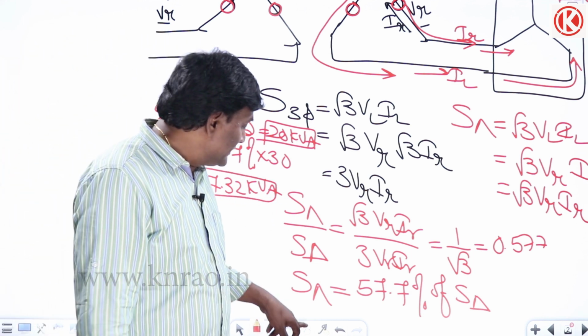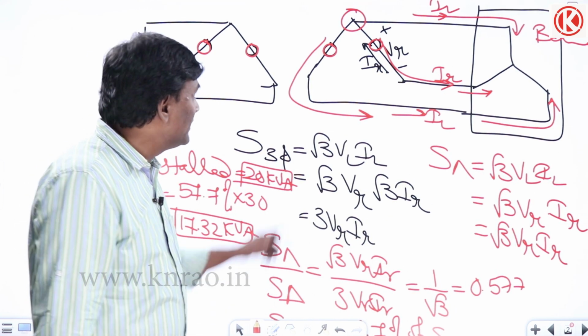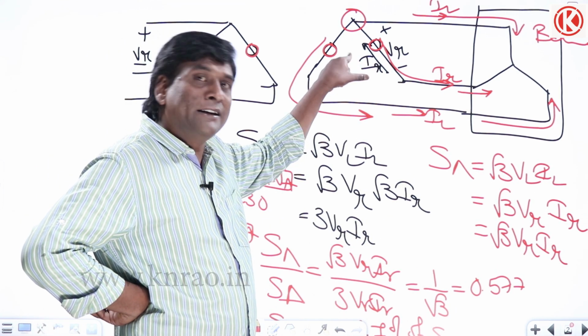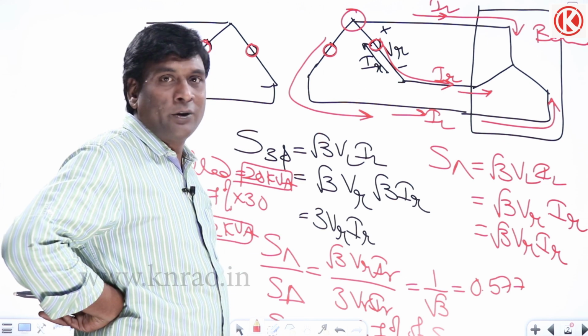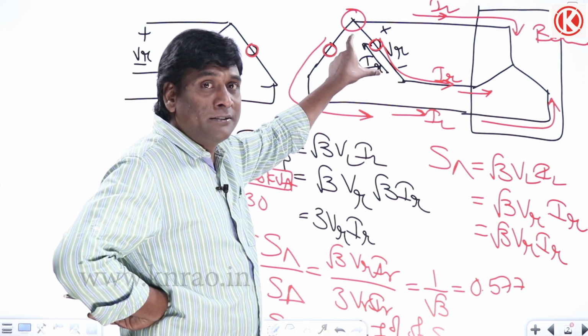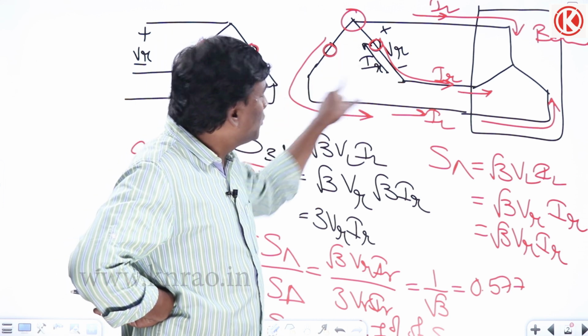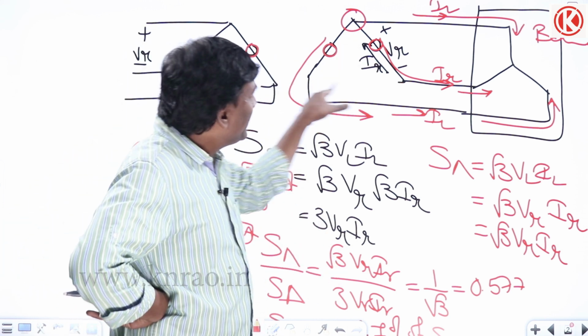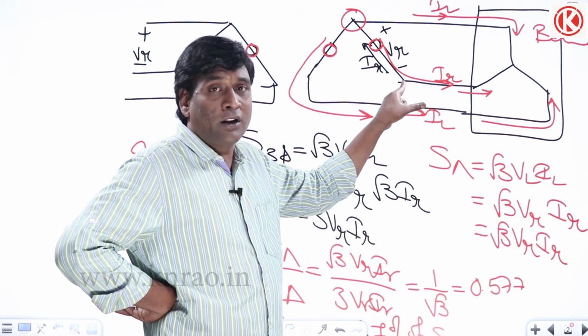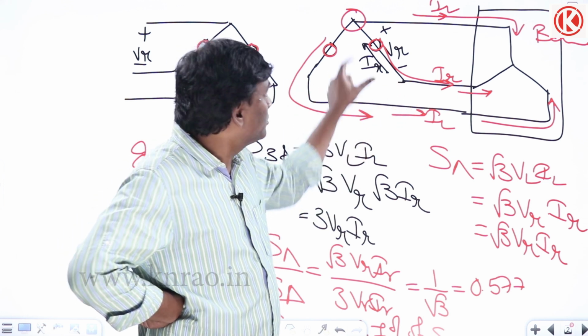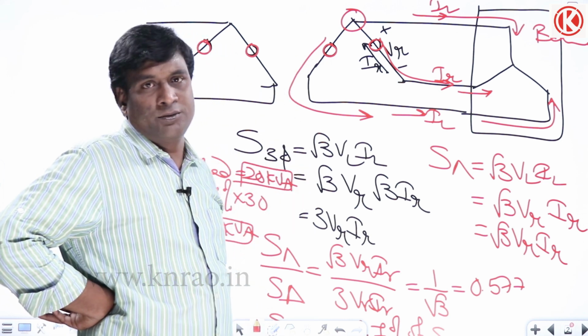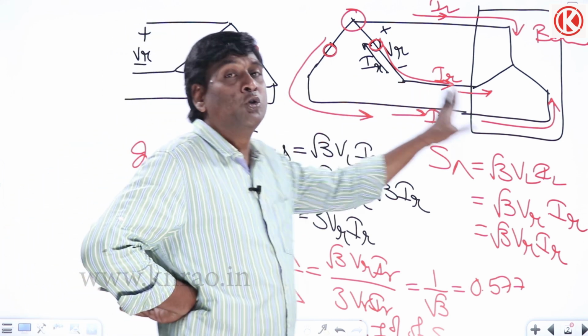In the sense, each of my transformers is operating at rated voltage, rated current. Under open circuit condition, in the sense open delta, also rated current. And if I close this delta connection also, it is going to operate at rated currents only, because load is going to be variable.